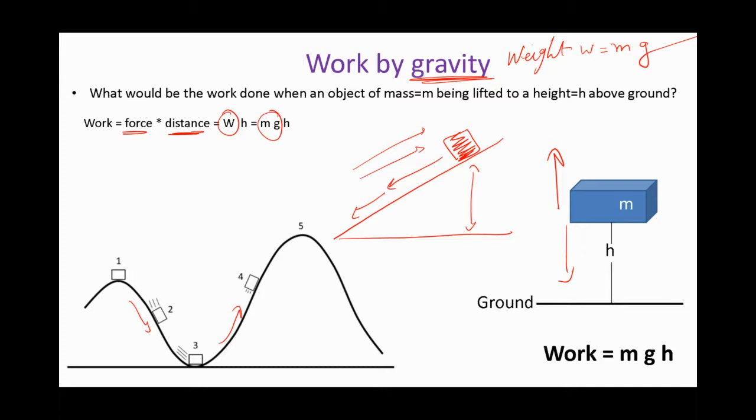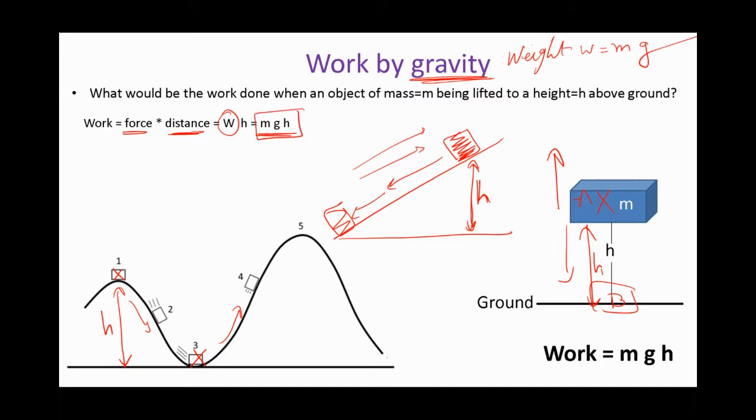The distance is the change in height. If you are here and you move here, you have a change in height equals h. If you are here at A and you move to B, you have a change in height equals h. If you slide down, you have a change in height equals h. In all of these cases, the work done by the gravity equals the force times the height, which is mgh.